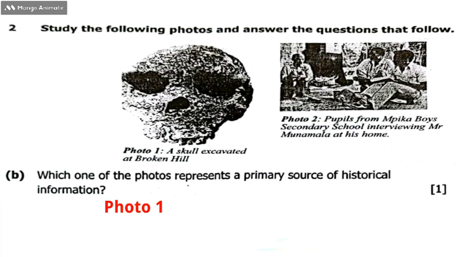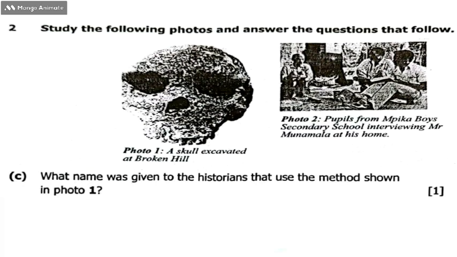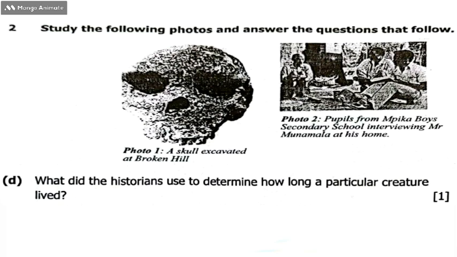We go to question 2C, which is: what name was given to the historians that used the method shown in photo 1? That is archaeologists. The name is archaeologists. Then: what did the historians use to determine how long a particular creature lived?